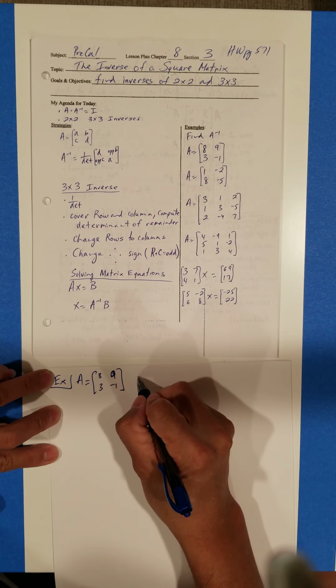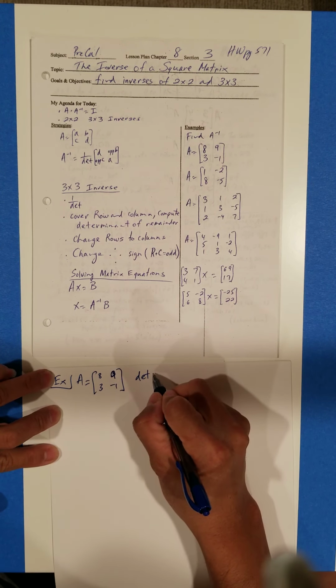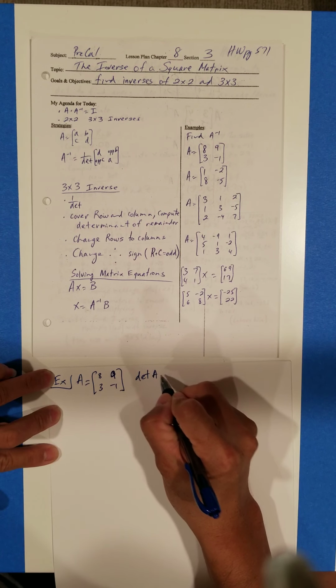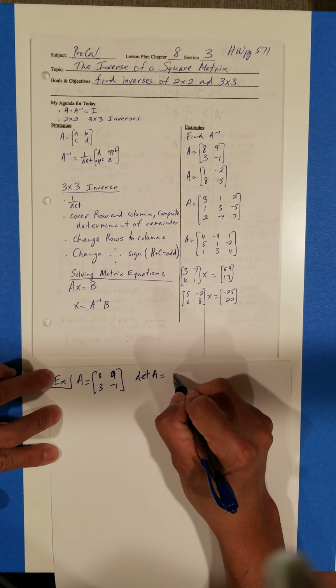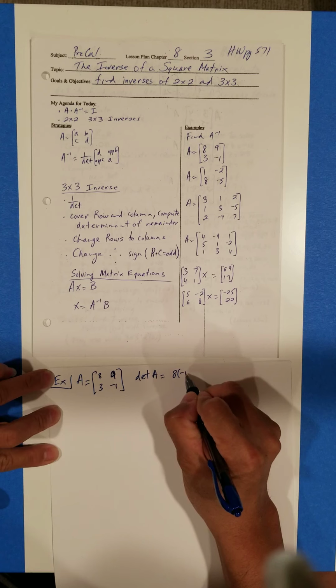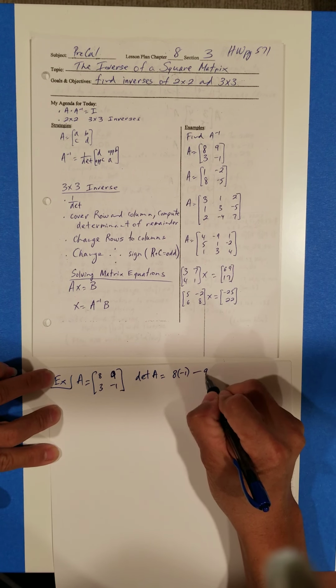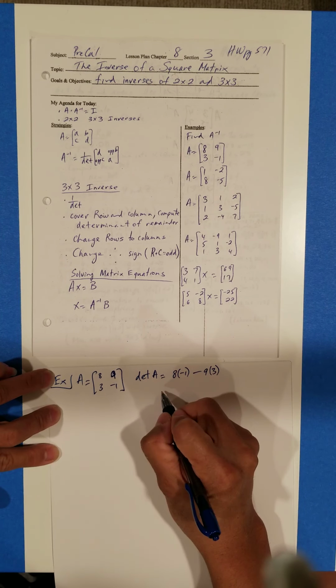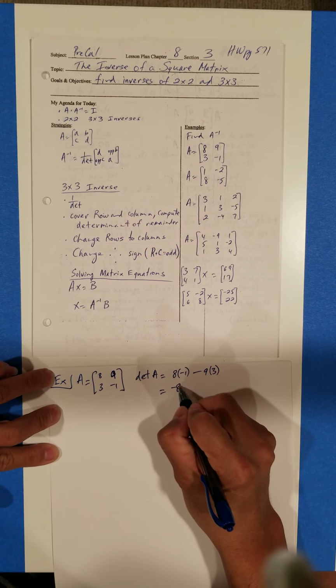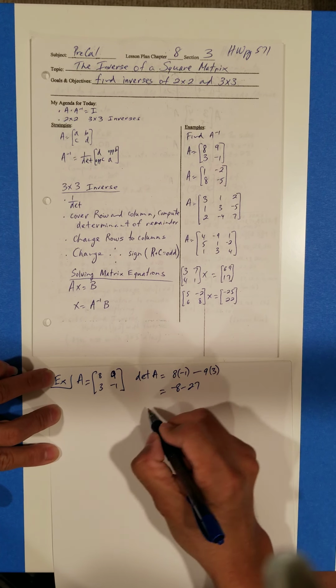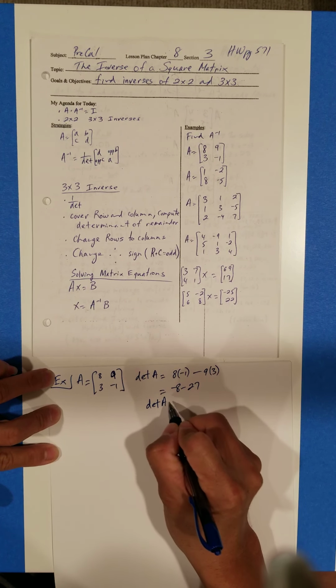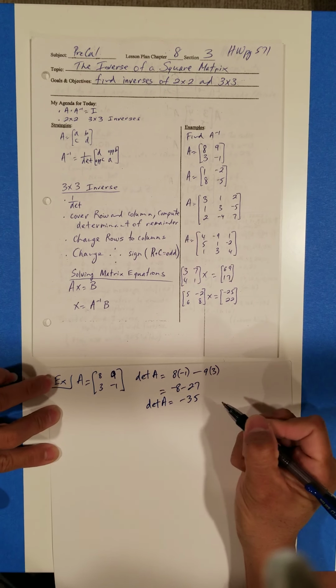So first thing is we have to find the determinant of A. If you remember, the determinant is 8 times negative 1 minus 9 times 3. So the determinant is negative 8 minus 27. So determinant of A is negative 35.